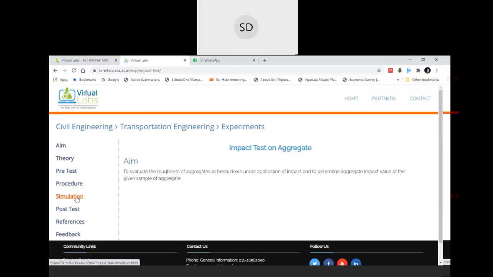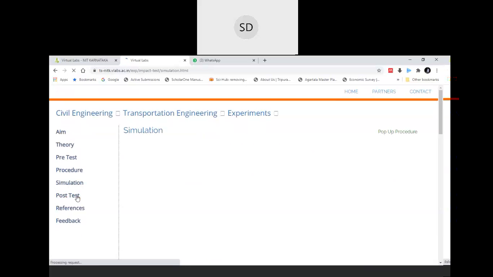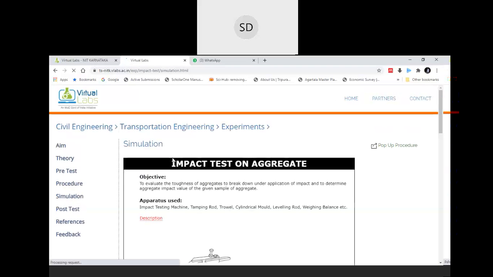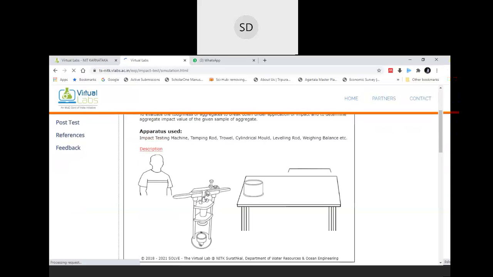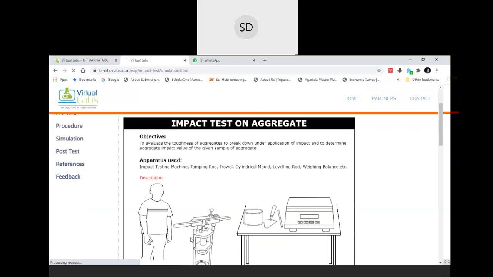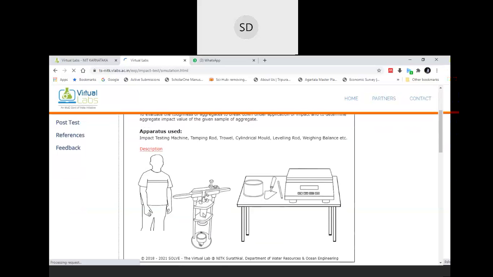So we'll directly go to the simulation portion. Basically, this is your impact testing machine, and this is the rammer, and this is your mold. Similarly, in this mold also you have to take the aggregate in a three-layer tamping with 25 number of blows.